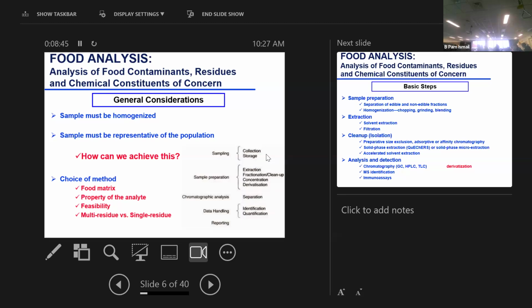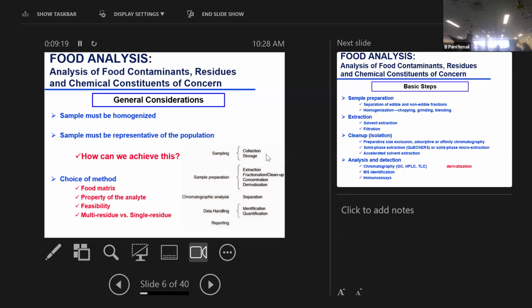Because if we mess up sampling and sample preparation, we will get seriously wrong results that might be harmful. This is the one place where sampling is super important as well as sample preparation. So we need to make sure that the sample is homogeneous, is representative, you take multiple regions, and then sample preparation does not cause any alteration of the components.